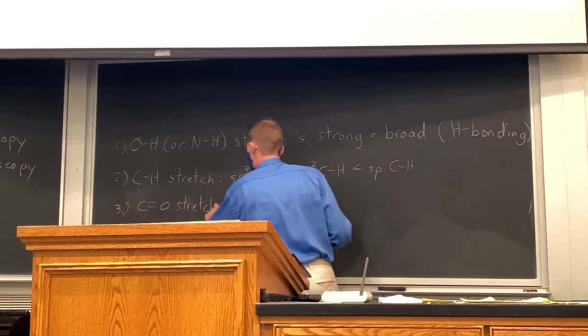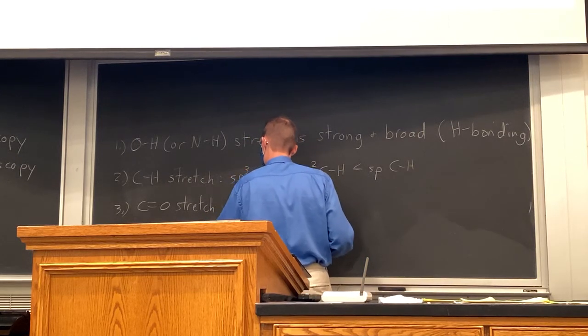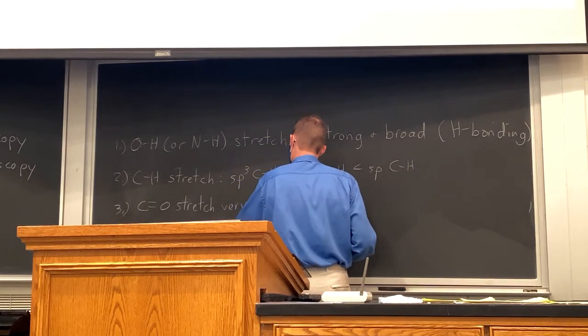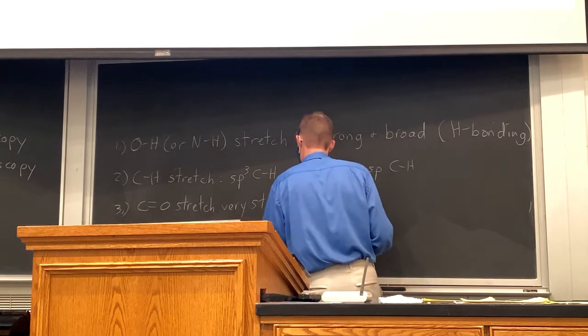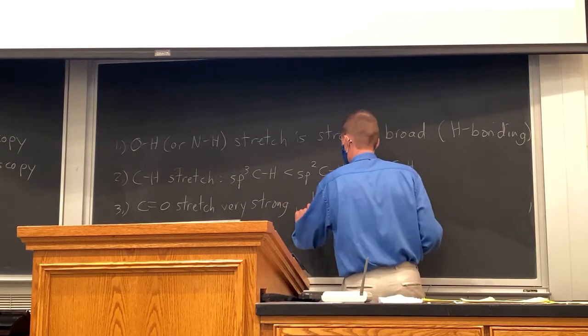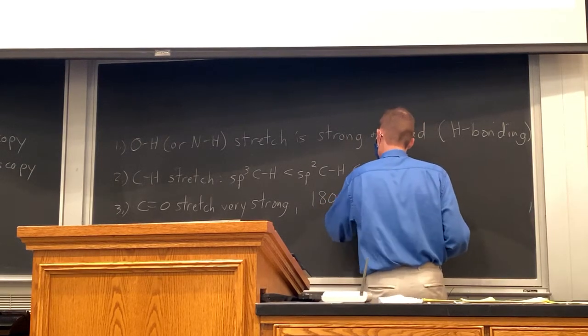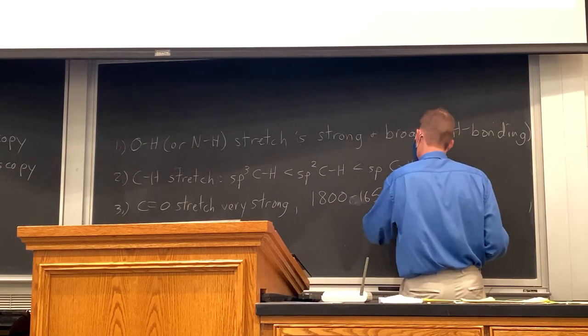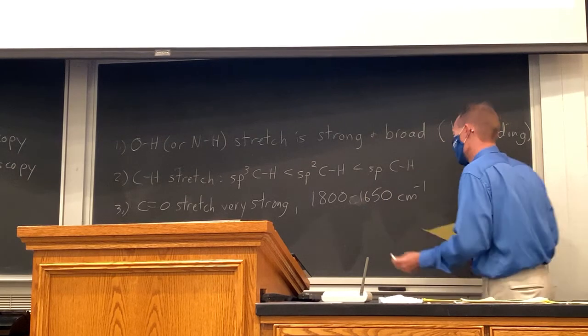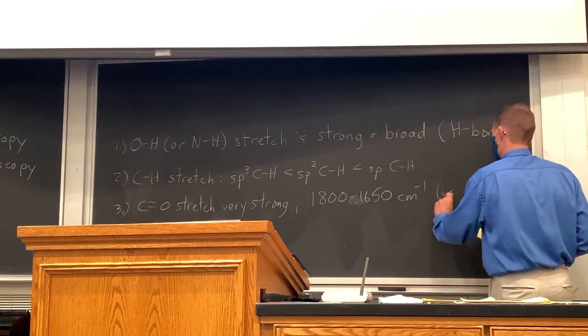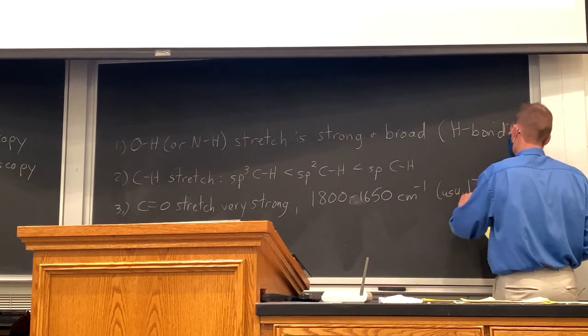It's usually the strongest peak, the highest or the lowest percent transmission, and it shows up between 1800 and 1650 inverse centimeters, or wave numbers, usually pretty close to 1700.